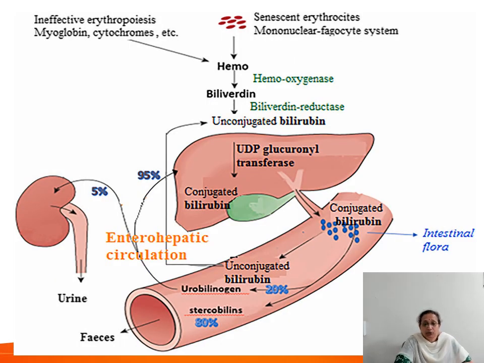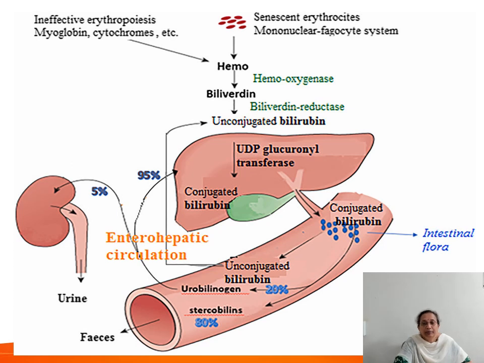So to show pictorially, ineffective erythropoiesis, myoglobin, cytochromes, or the senescent RBCs enter into the RE system, liberating heme. Heme is acted upon by the enzyme heme oxygenase, giving rise to biliverdin. Biliverdin is acted upon by the enzyme biliverdin reductase, forming bilirubin.